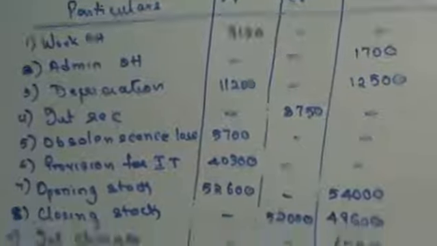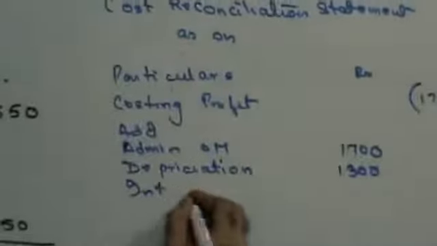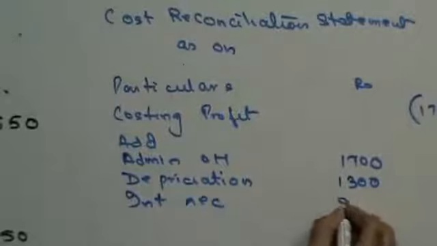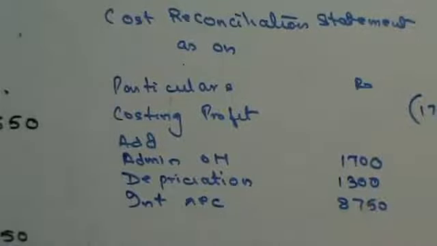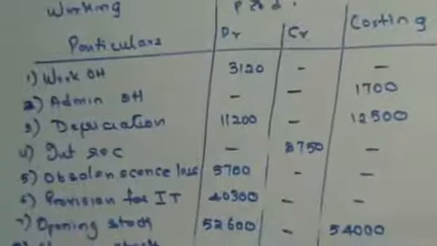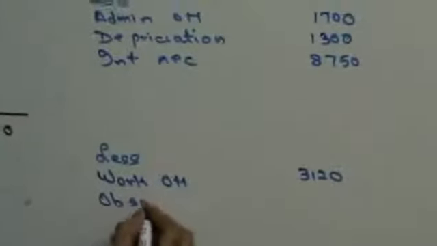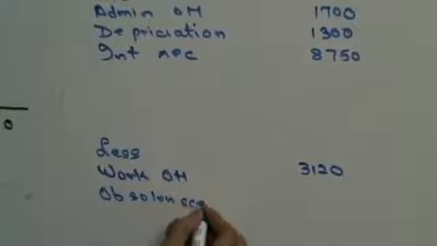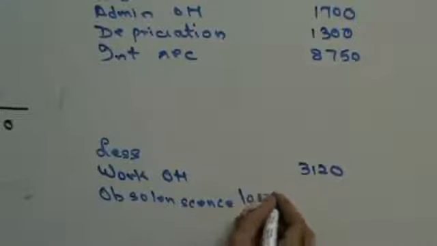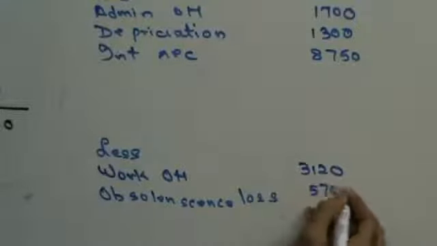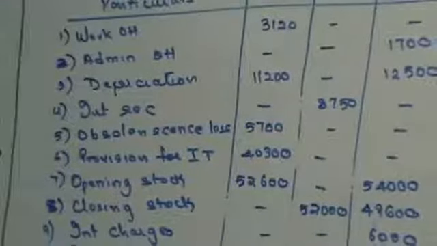It is less, so it will go in more column. Interest received 8750. Right? Obsolescence loss is less in costing, 5,700.